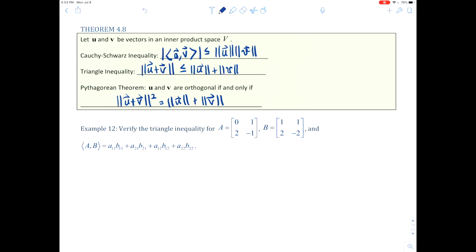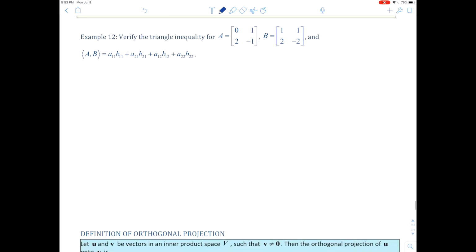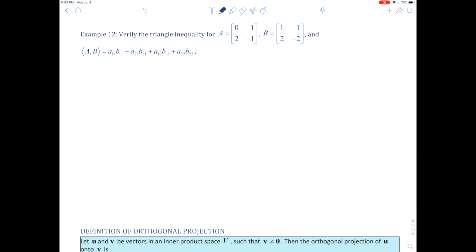Cool, cool? Okay, so next up we're going to verify the triangle inequality for these matrices. So let's see if it works. We have that inner product there. That's the one we were given earlier. The magnitude of A plus B, is that less than or equal to the magnitude of A plus the magnitude of B?